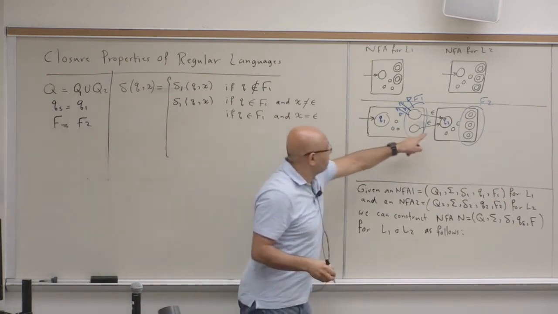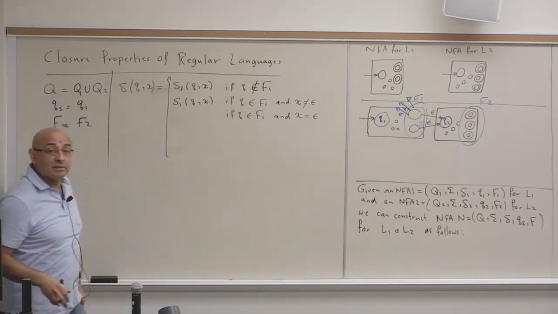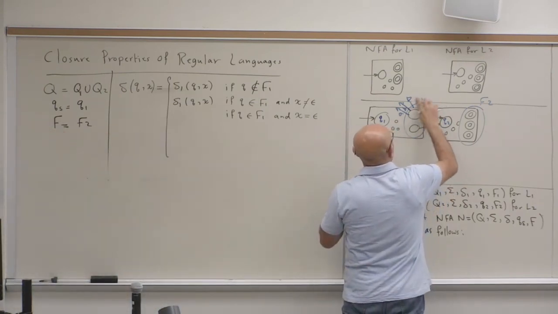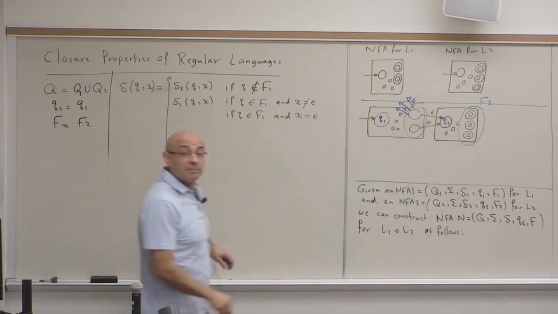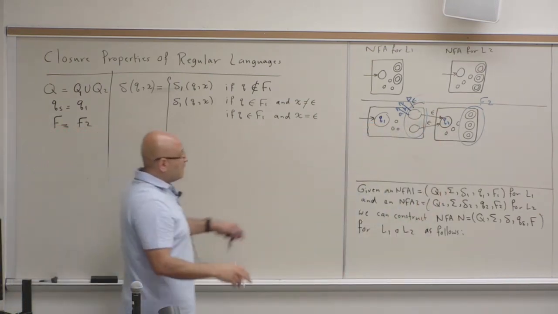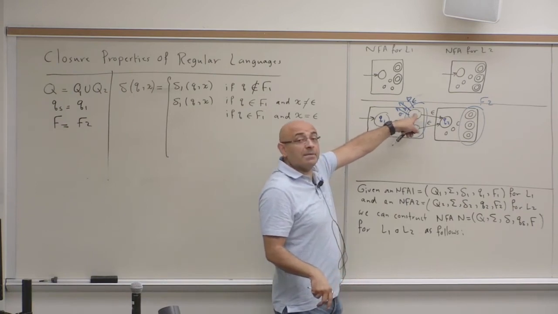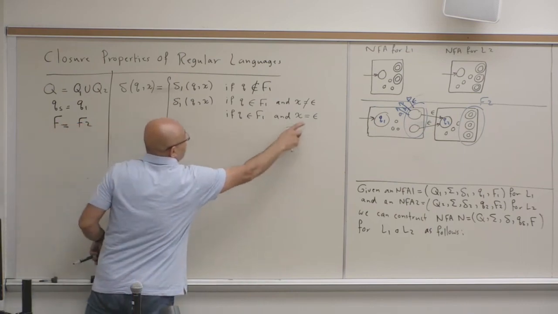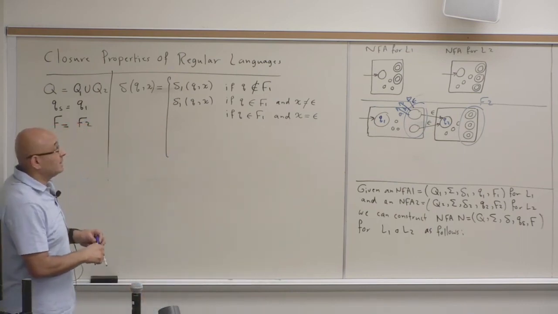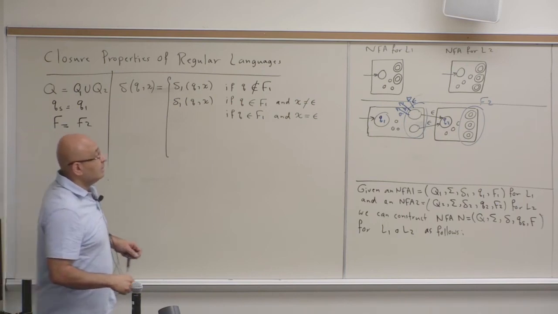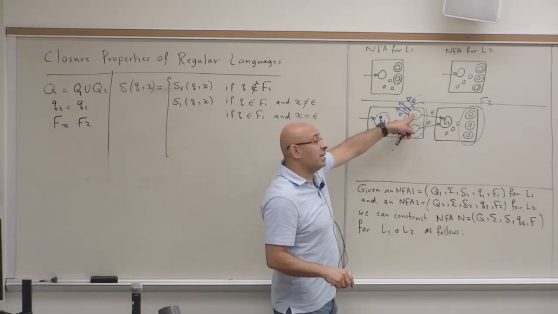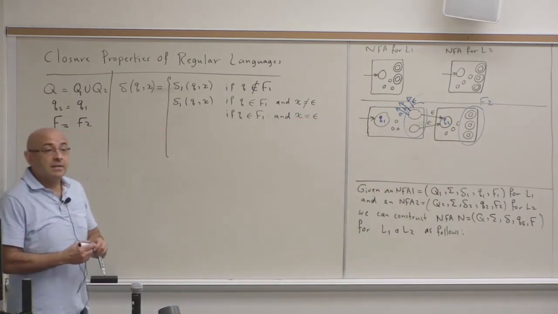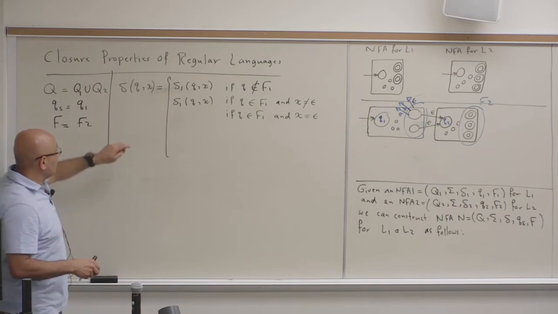Now for the epsilon transition, again I could have had an original epsilon there. So I added another epsilon even though I may have had an original epsilon there. So what would be the transition for Q if X equals epsilon in this case? Given that I may have had original transitions for epsilon, I'm adding additional transitions for epsilon for these states.